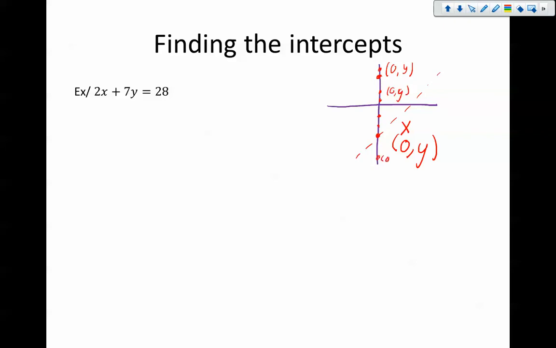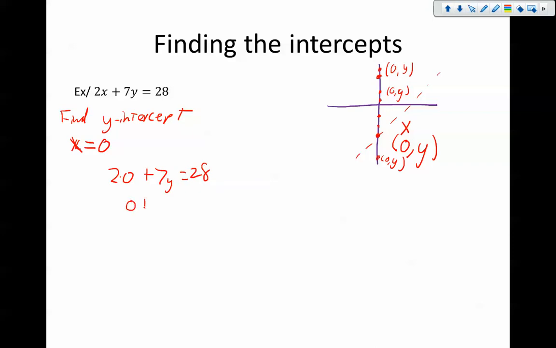The x value will always be 0 on the y-axis, which means if I need to find the y-intercept, we're going to plug in 0 for x. Because everywhere on this vertical line, the x value is 0 and the y value is unknown. So if I plug in 0 for my x value, I will always find the value where it crosses the y-axis.